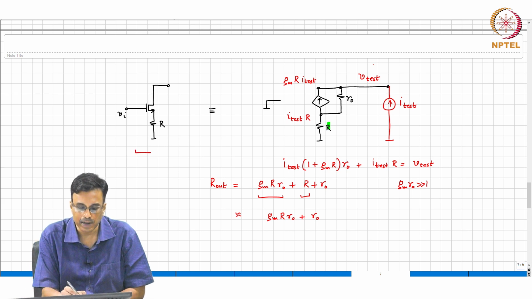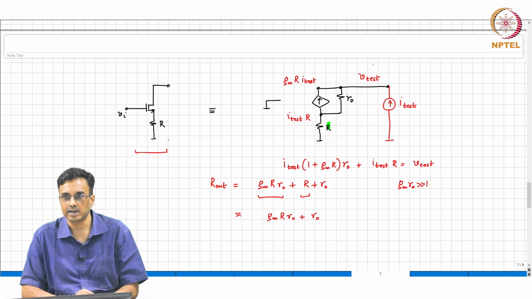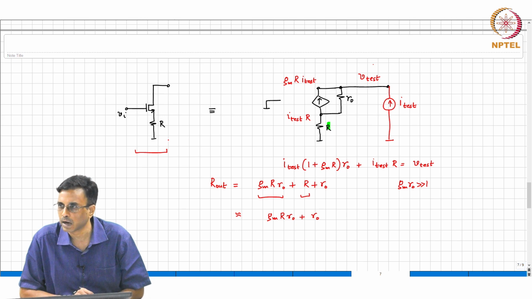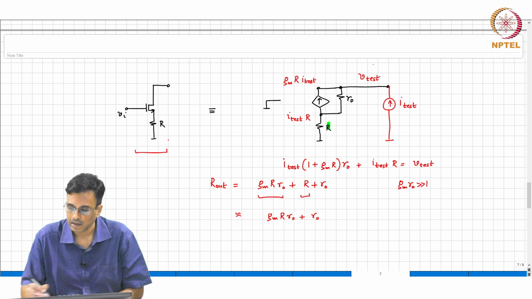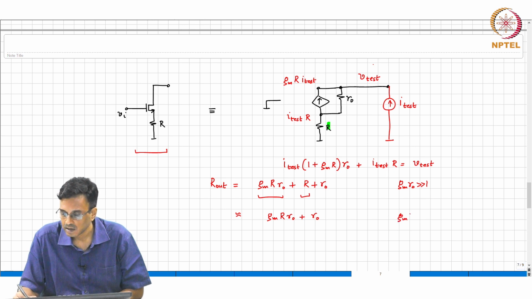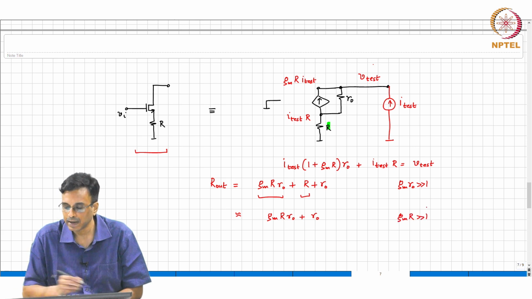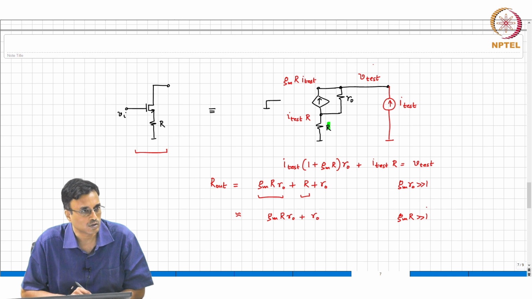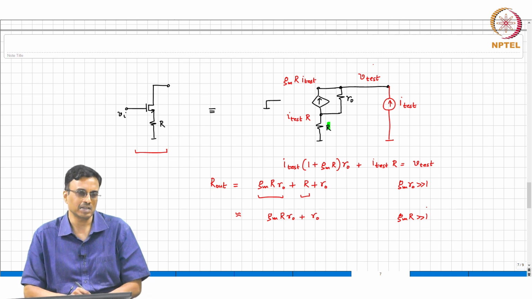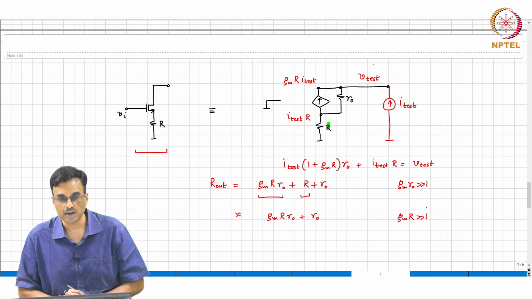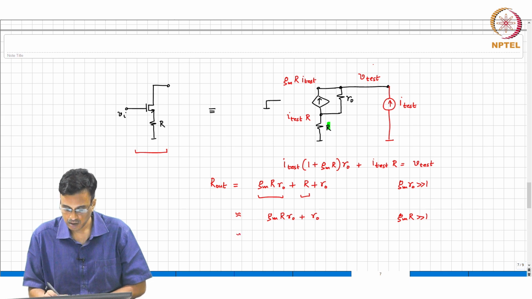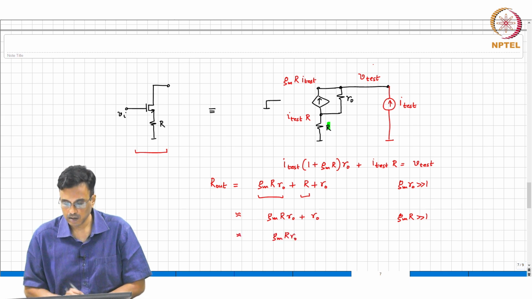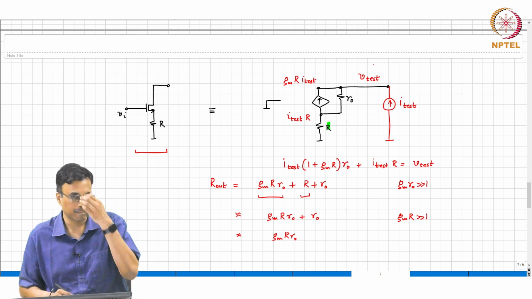If you are building a good voltage controlled current source, Gm R is much larger than 1. So, which can you neglect here now?